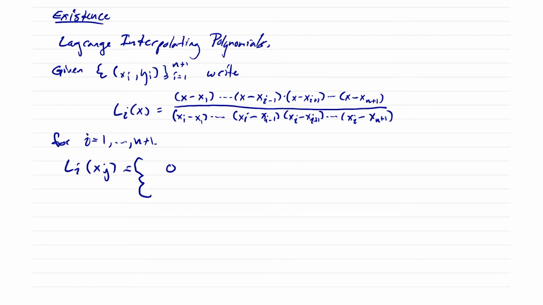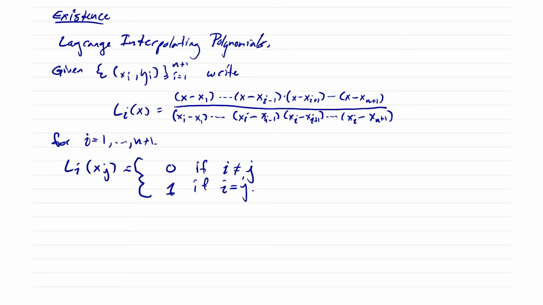So 0 if i is not equal to j. And if I put in xi, then we're going to get xi minus x1 here, but that cancels with this guy and leaves 1. We get xi minus 1, and that cancels here, and it's going to give us 1. And so on. So it's going to be 1 if i is equal to j.